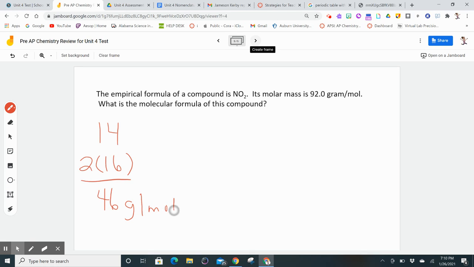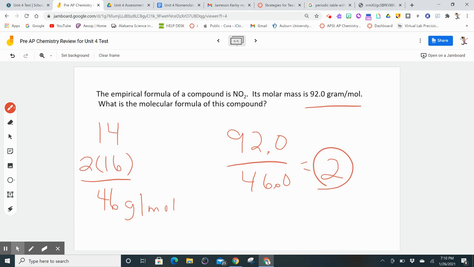And then we're just going to make a ratio of that to the molecular formula. So 92 divided by 46. Again, I'm just dividing by the smaller number. It means 2.